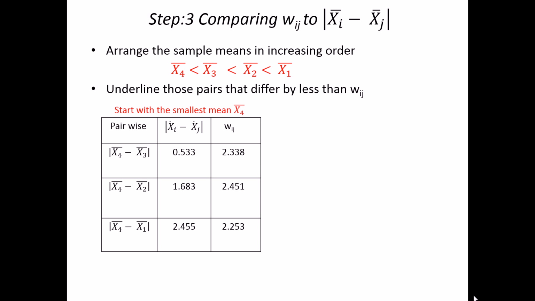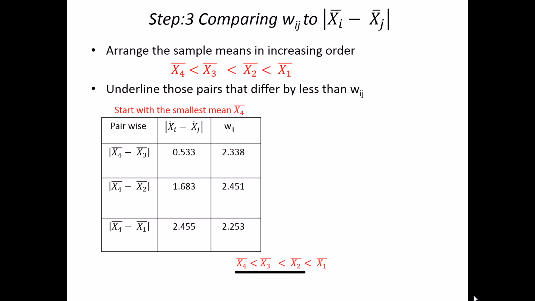We compare x4 bar with x3 bar, and we found that the difference in the sample mean is less than the critical range. So now we move on and compare x4 bar with x2 bar, and again the difference is less than the critical range. Finally we compare x4 bar with x1 bar, and we find that the difference in sample mean is greater than the critical range. So we indicate this using an underscore pattern.